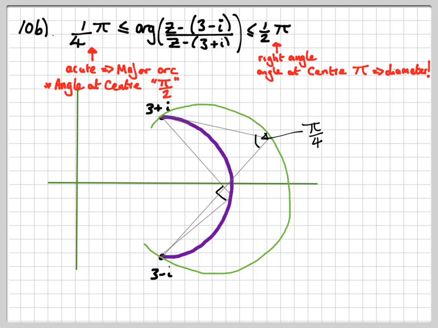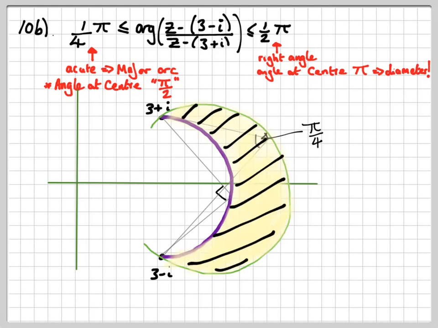And I'm interested in all points that would essentially fall in between the purple and the green line. In essence here, what we actually have is a family, an infinite number of arcs in between 3 plus i and 3 minus i, all of different circles. And so what we actually want this time is the region as shown here.